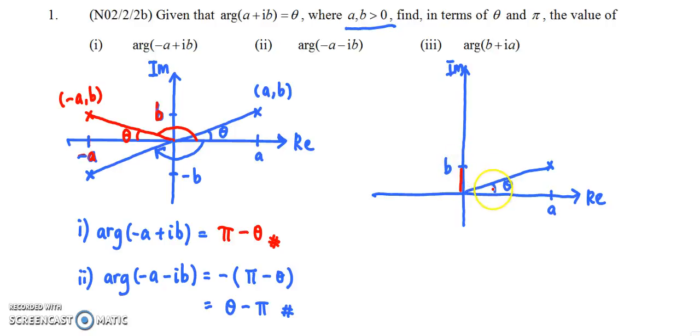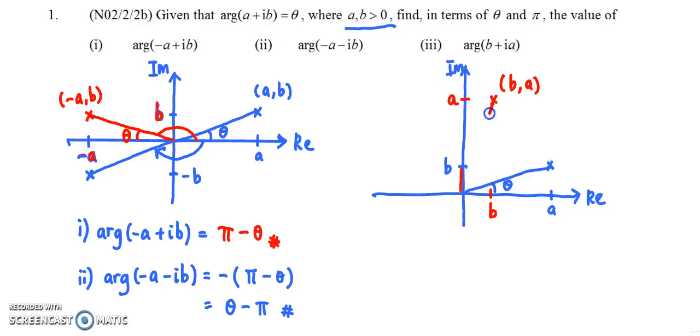So we will try our very best to label our b of the same length but on the real axis. In a similar manner, my a will be somewhere here on the imaginary axis. And this leads us to see that the new complex number b plus ia is still in the first quadrant, but it is somewhere on top.